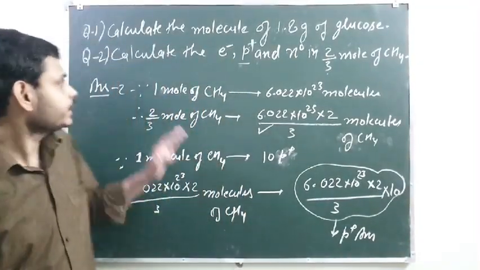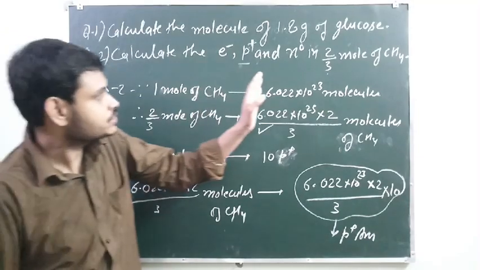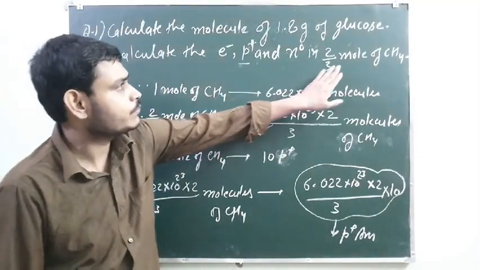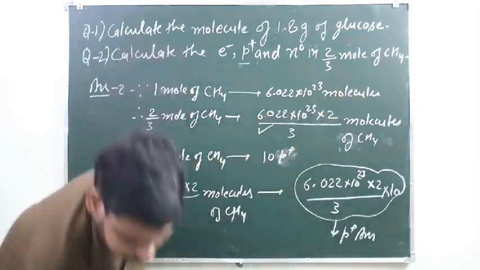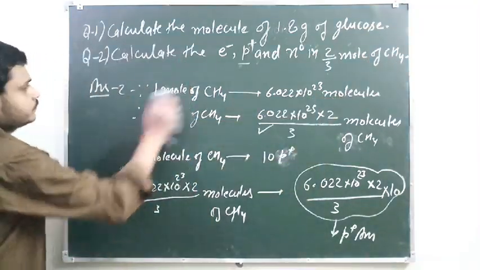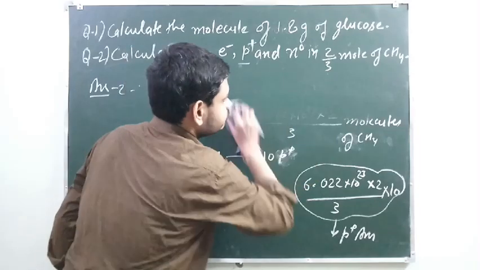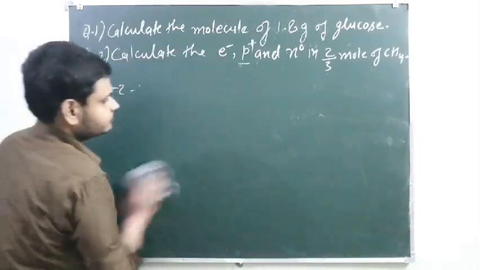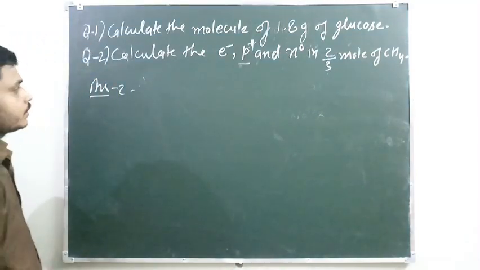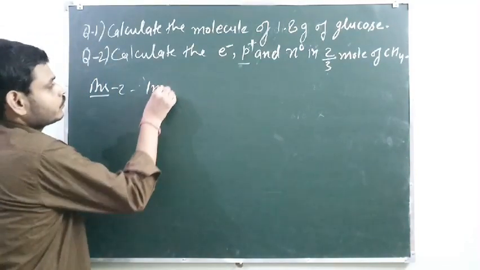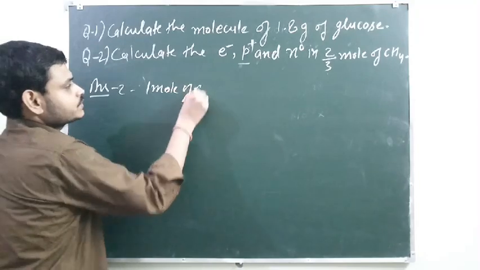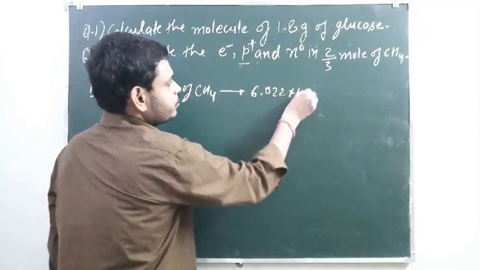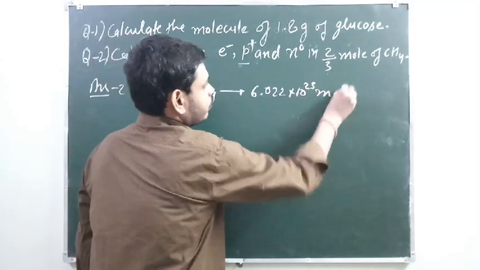Now in the second question, the last part is to calculate the number of neutrons in 2 by 3 mole of CH4. Clear? We know that 1 mole of CH4 contains 6.022 into 10 to the power 23 molecules.